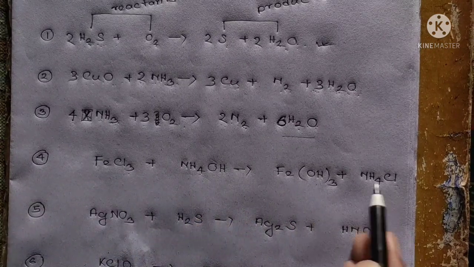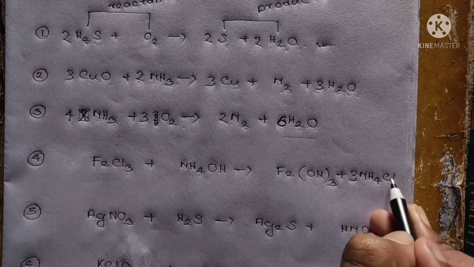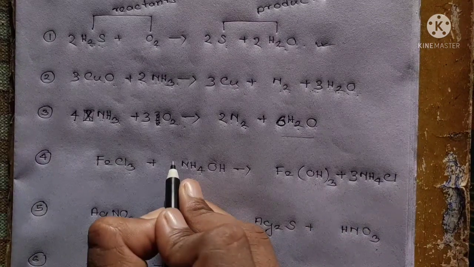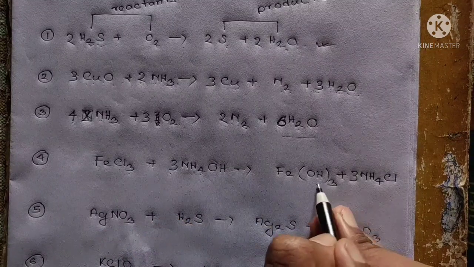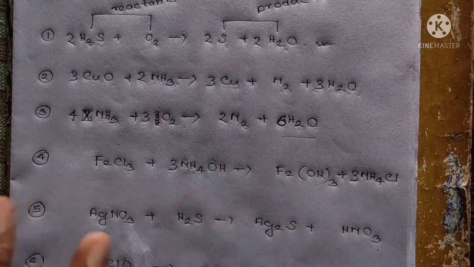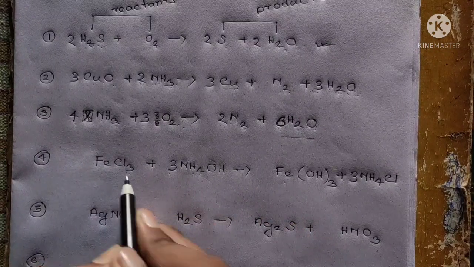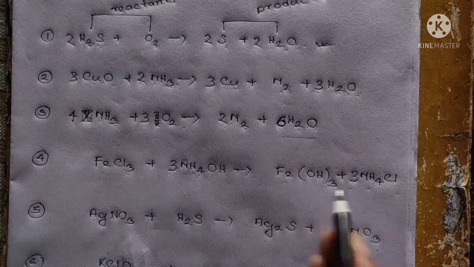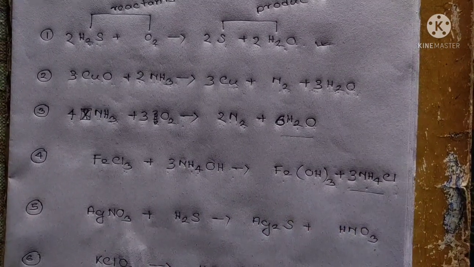And here just 1 Cl, so we just multiply it by 3, and when multiplied by 3, the NH4 becomes 3 units, so here also we multiply by 3, and now see 3 OH, OH3, so it is a totally balanced equation. 1 Fe on both sides, 3 Cl on both sides, 3 NH4 on both sides, 3 OH on both sides, so it is a balanced equation.